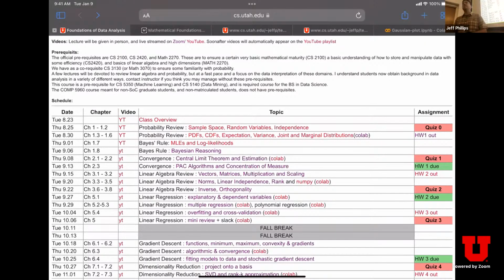So what is the first quiz going to cover? It's going to cover everything within chapter 1 that we also covered in class. If you've had a probability class before, a lot of this will be review. If you've not had one before, or if you're taking it at the same time, this might be slightly more challenging because you haven't seen all these concepts before that we went through so quickly.